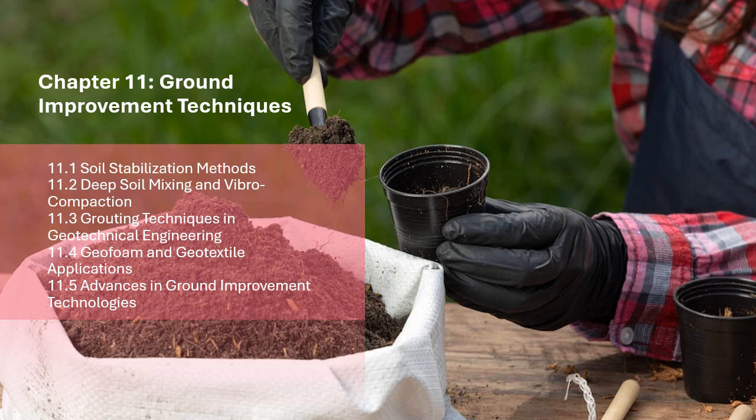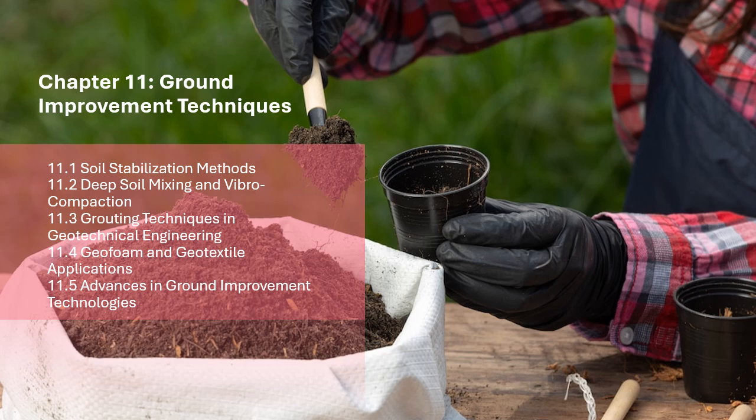1.1.2.1.1 Process of deep soil mixing. 1. Soil mixing. The process starts with a mixing tool, typically a set of augers or a rotating blade, being driven into the soil at the desired depth.